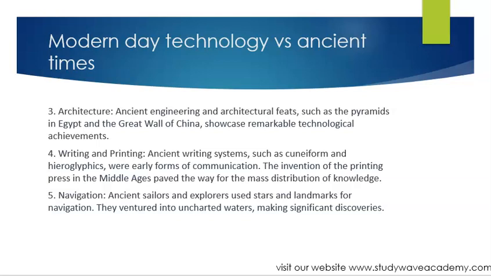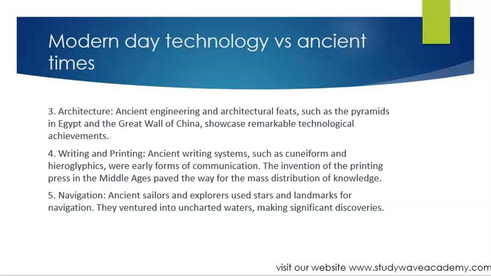Architecture. Ancient engineering and architectural feats, such as the pyramids in Egypt and the Great Wall of China, showcase remarkable technological achievements. Writing and printing. Ancient writing systems such as cuneiform and hieroglyphics were early forms of communication.